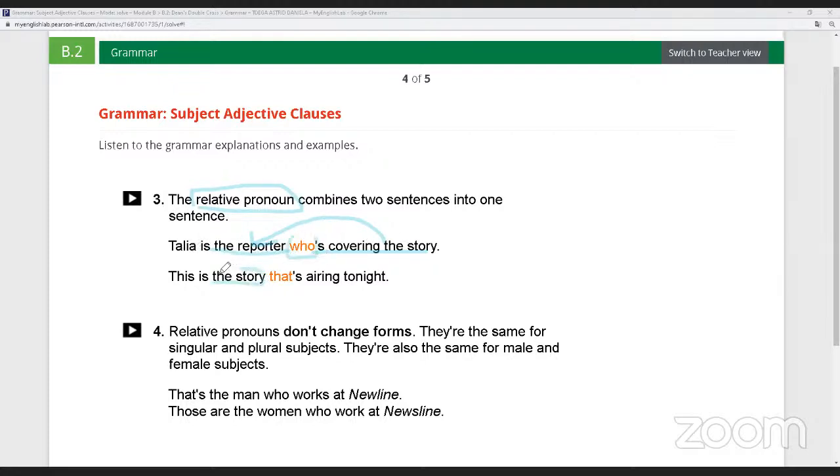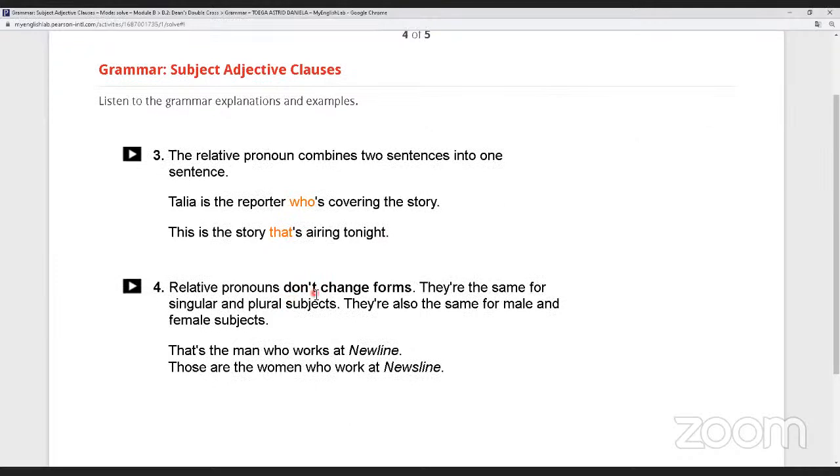The story is a thing, so I have the option to use which or that. So it depends on the subject, what relative pronoun you're going to use. But this is a connector that is going to connect two clauses, two sentences, into one.